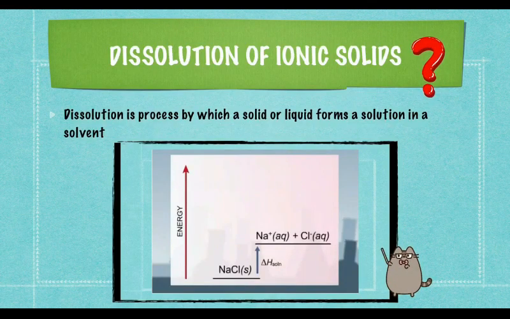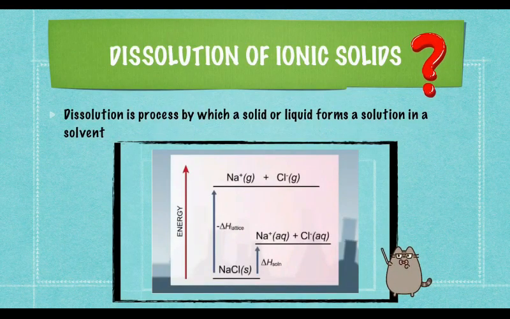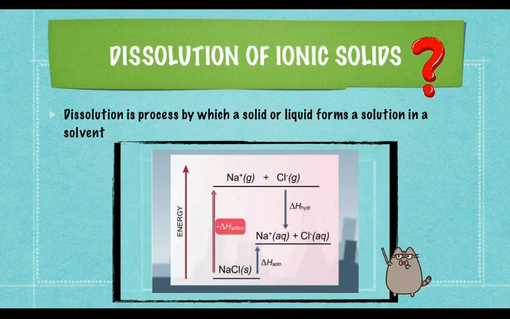Using Hess's law, we can divide this process into 2 successive steps: breaking down all the cation-anion interactions in the crystal lattice and hydration of the resulting ions. The first step requires an input of energy equal to the lattice energy taken with the opposite sign.